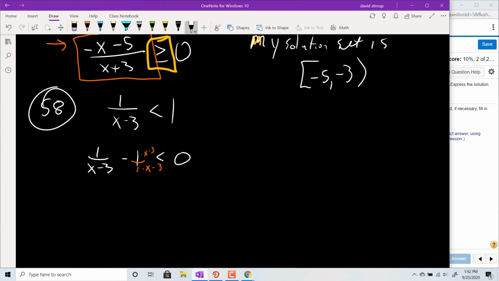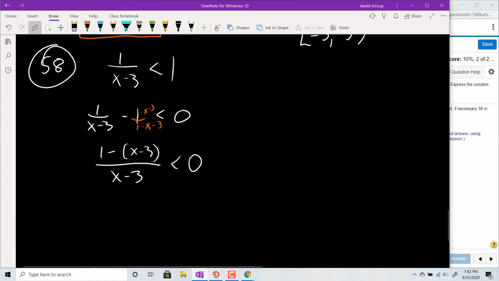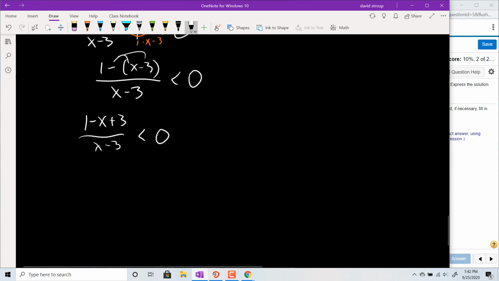So I'll have 1 minus the x minus 3 all over the common denominator, x minus 3, less than 0. I want to distribute the negative here. So I'll have 1 minus x plus 3 over x minus 3, less than 0. Then I'll have 4 minus x over x minus 3, less than 0.